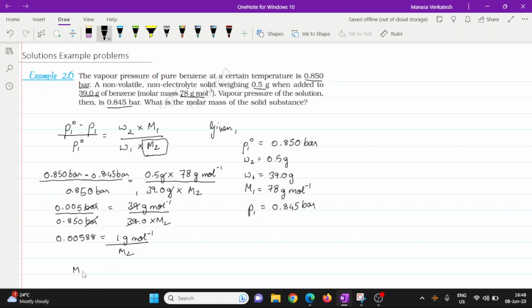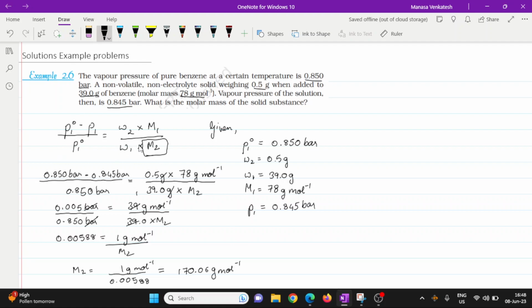So you get M2 is equal to 1 gram per mole divided by 0.00588. And this, on simplification, will give us 170.06 grams per mole.